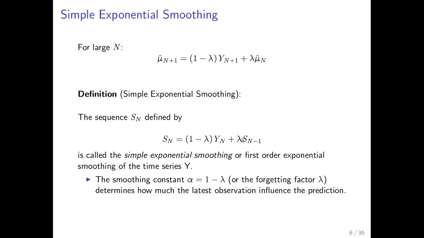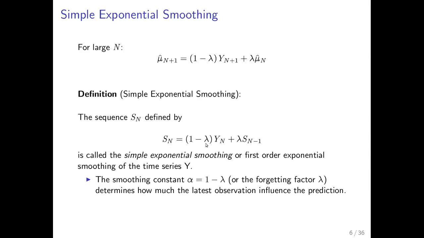Whereas in exponential smoothing, you have to do the weights all the way backwards in time. So for large n, we just define S n as our estimator, and notice that the time is just shifted one lag down here. I could write it either way. We could also have S n plus 1 here, and then it will be Y n plus 1 and S n here. The important thing is that you have a previous estimate, you get a new observation, and then you get an updated estimate.